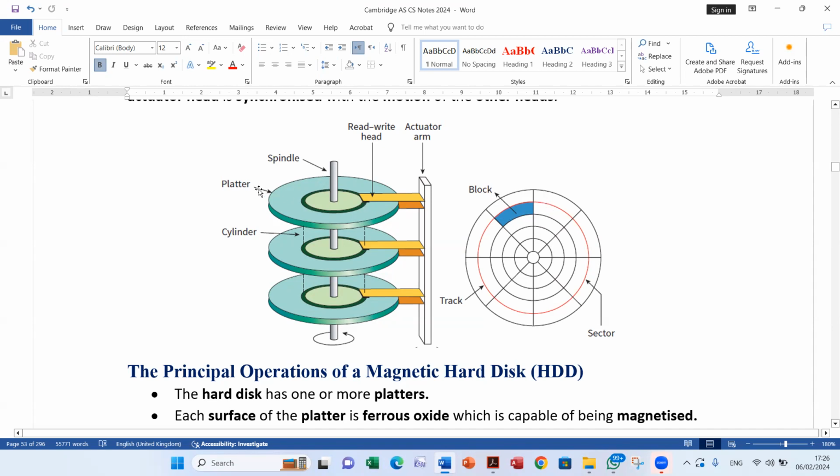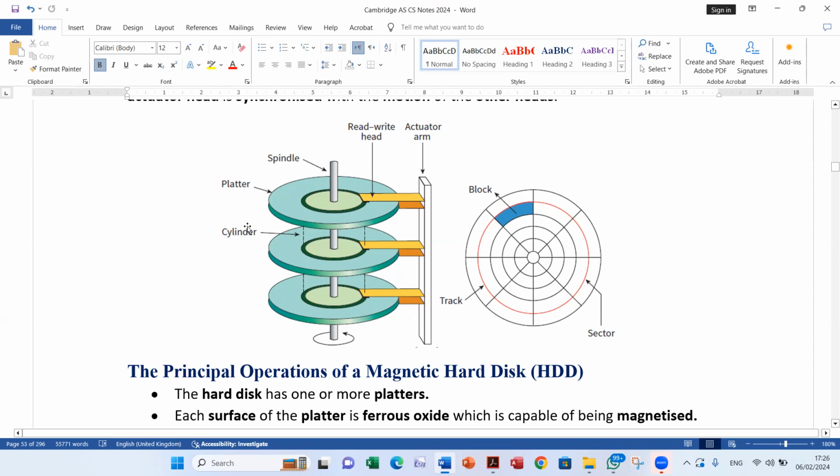You have several platters attached to a single spindle with read and write heads for every surface. So this platter has two surfaces with two read and write heads on the upper and lower surfaces.